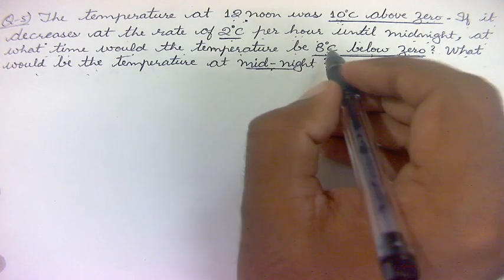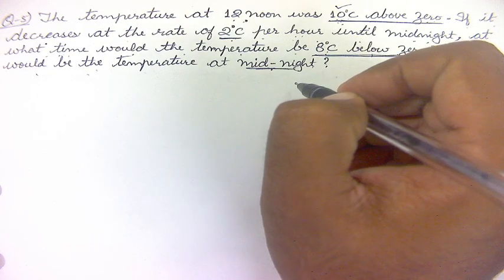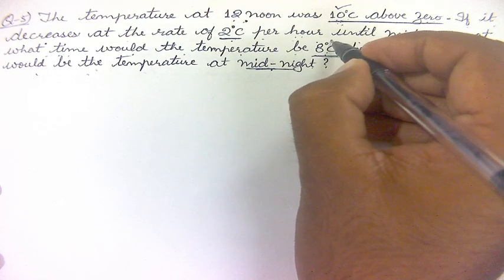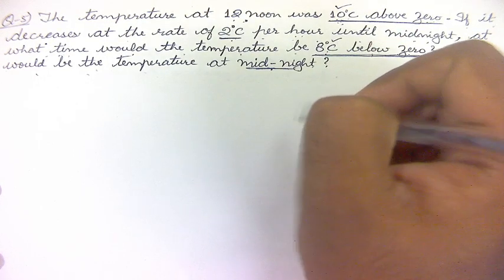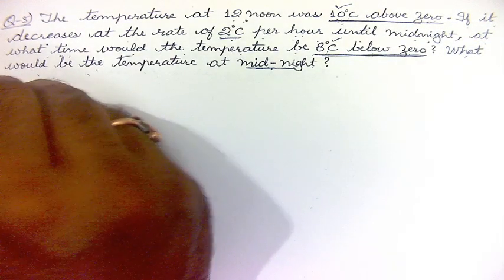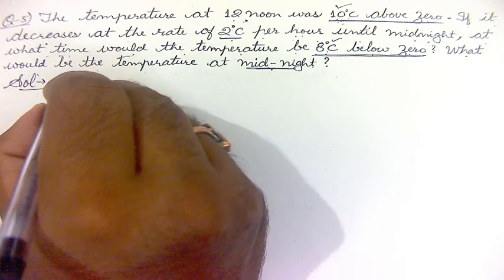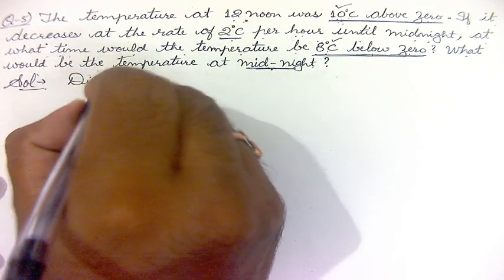So now the first thing is we begin with 10 degrees Celsius and we end up with minus 8 degrees. So what is the difference between these two? What we will do is find the difference in temperature.